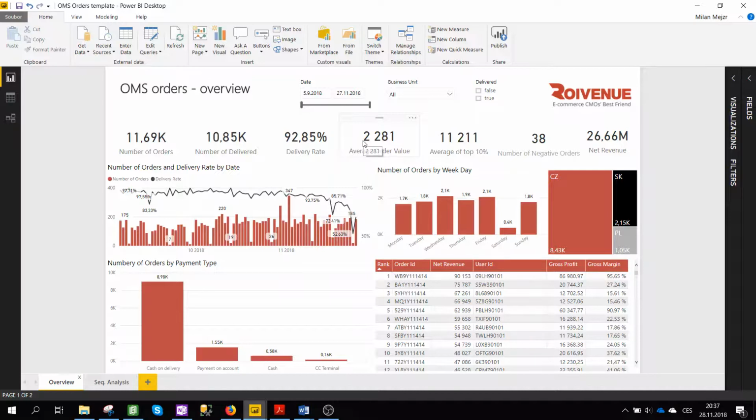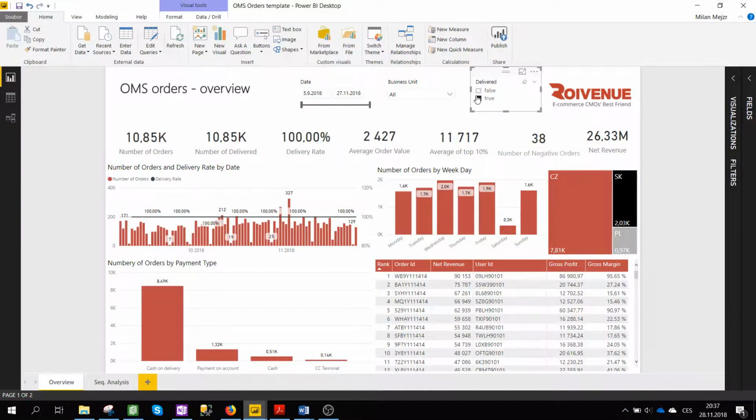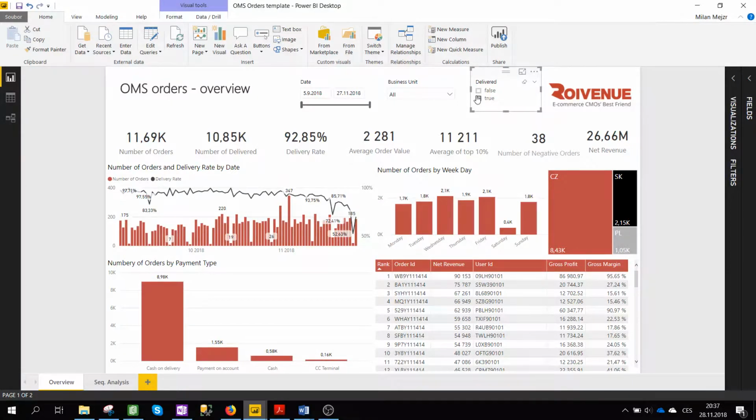This is the value for all orders in that data set, including the orders which were not delivered. So if you want to see, for example, just delivered, you just switch through and you see the difference. Then we have average order value of the top 10 highest orders based on revenue.